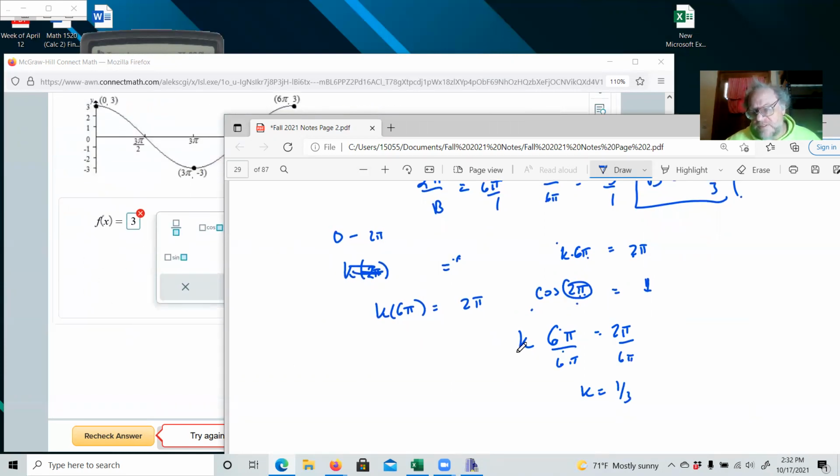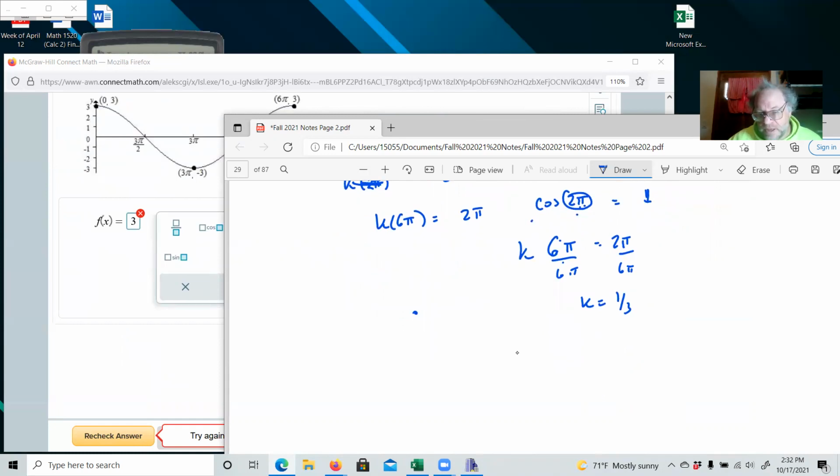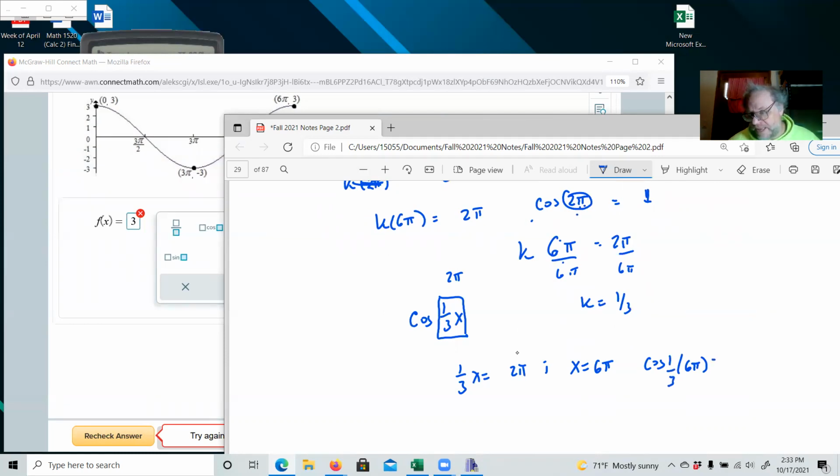So let's just reason that back. If I've got cosine of 1/3 x, what I'd really like in here is to be 2 pi. So I would really like 1/3 x to be 2 pi, and that's what I'd like to take my cosine of. With 6 pi, there's a 1/3 here because of my b.